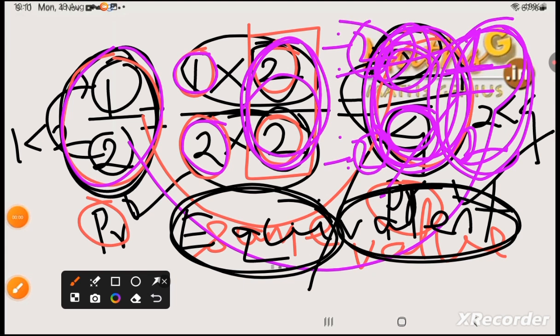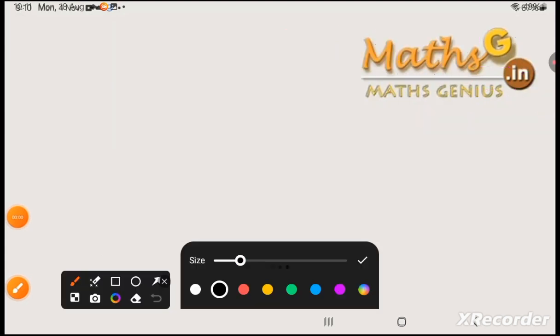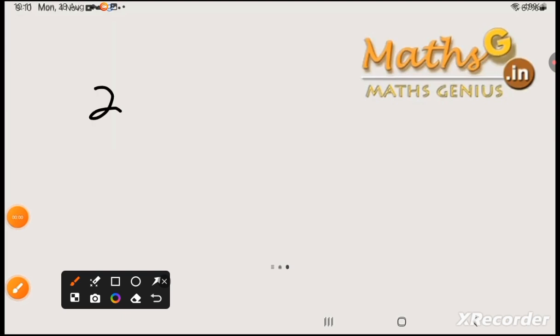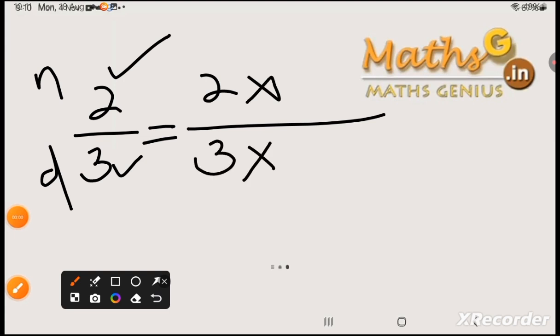Another example of how to get an equivalent fraction. Let's say 2 by 3 is a number. Which is the numerator? Which is the denominator? Can I multiply the numerator with a number? Yes. Then I will also have to multiply the denominator with the same number. Let's say the number is 4.